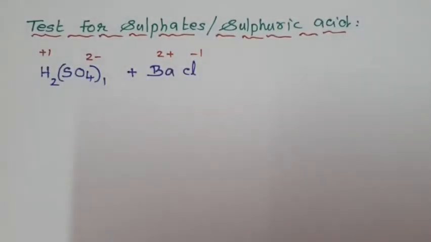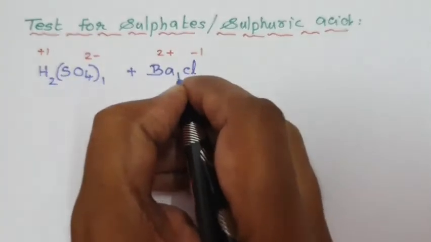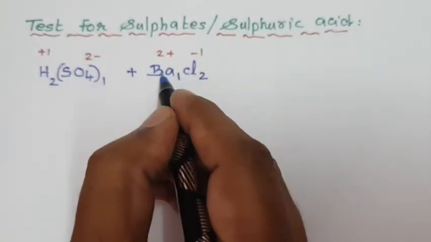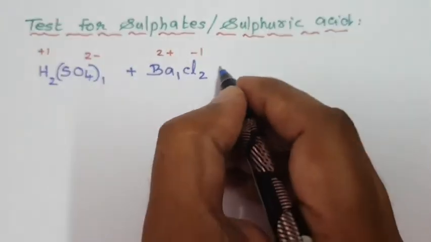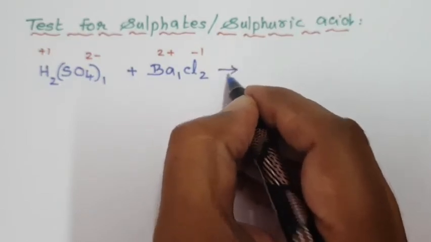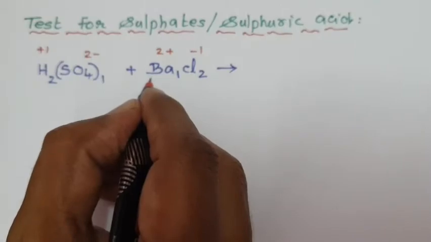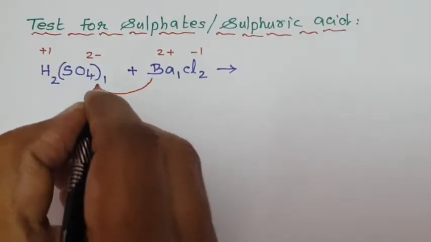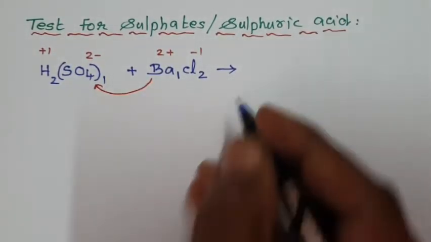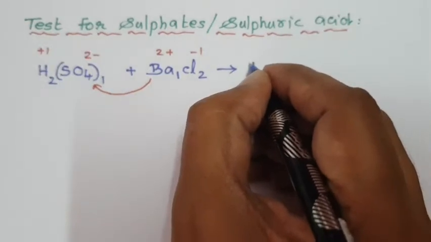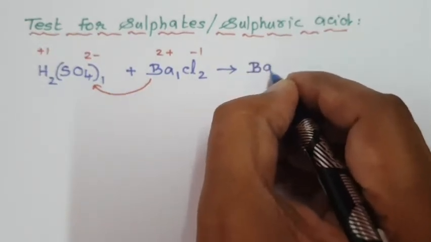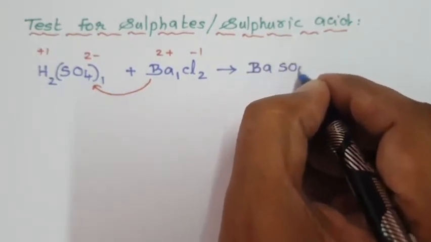When we write in class the molecular formula BaCl2, and barium chloride is added to a dilute solution of sulfuric acid, we know barium 2+ combines with sulfate 2- to give barium sulfate.